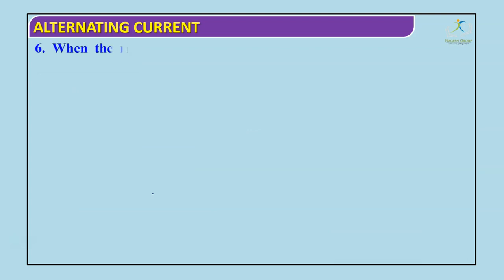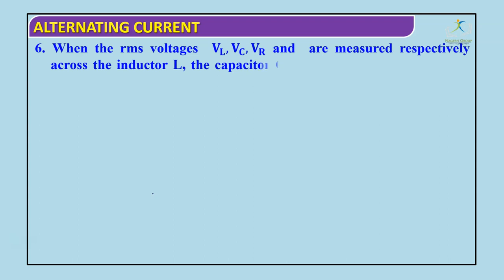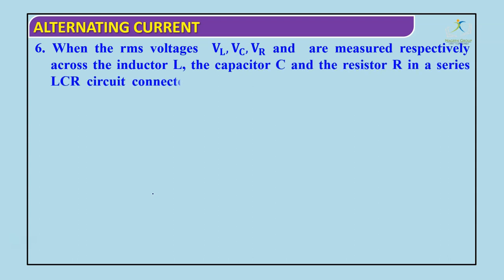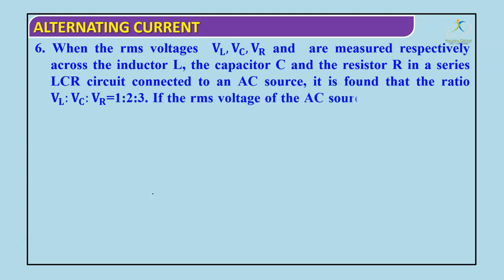The next question we have: when the RMS voltages VL, VC, VR are measured respectively across the inductor L, the capacitor C and the resistor R in a series LCR circuit connected to an AC source, it is found that the ratio VL to VC to VR is 1 to 2 to 3.